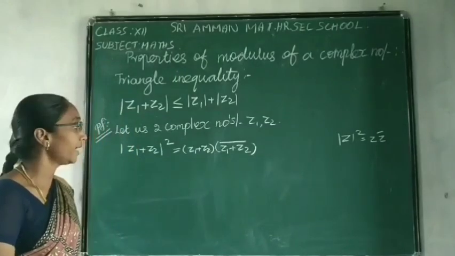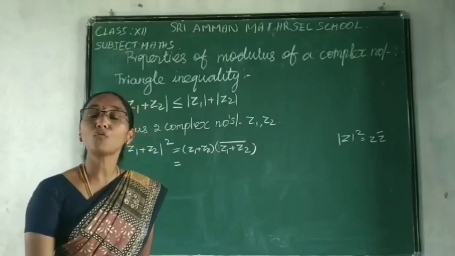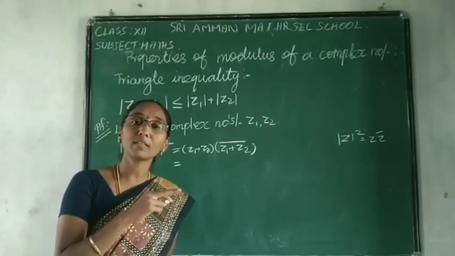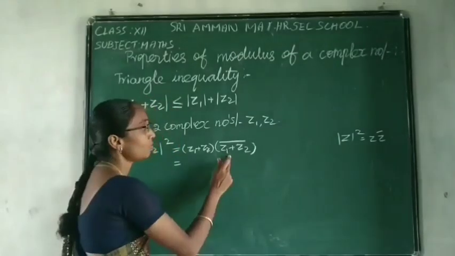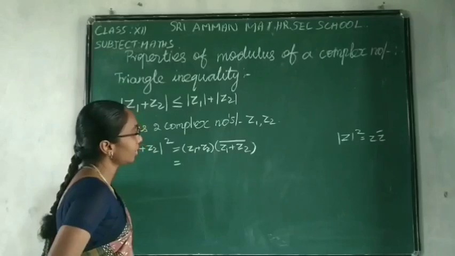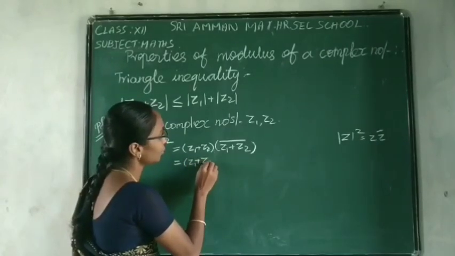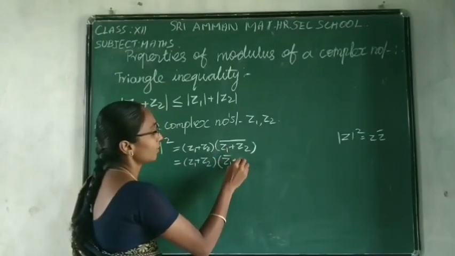Next, substitute the property of the conjugate of a complex number: (z1 plus z2) the whole bar equals z1 bar plus z2 bar. So substituting this one, z1 plus z2 into z1 bar plus z2 bar.